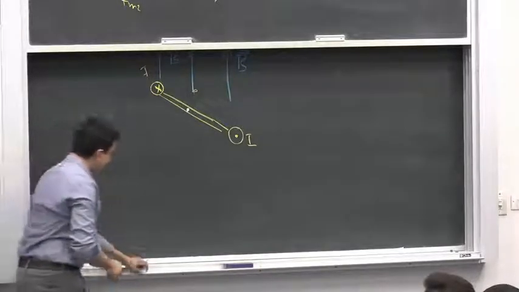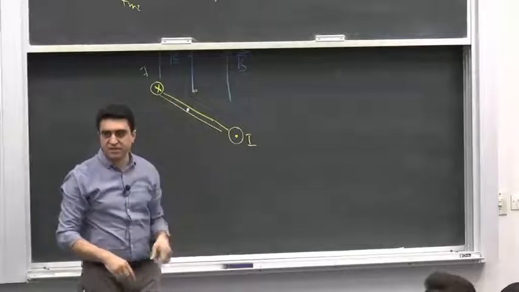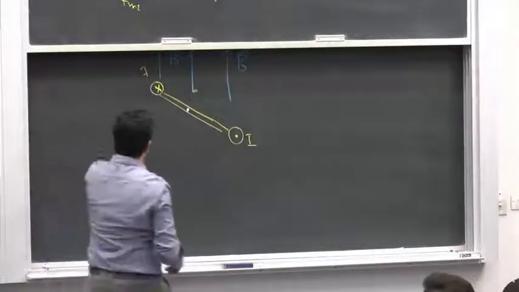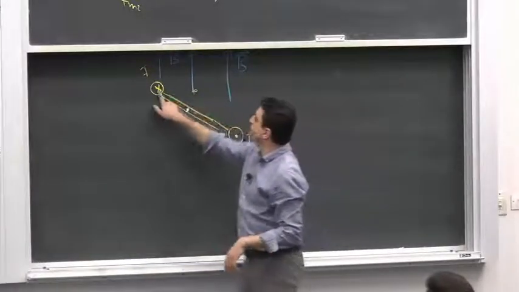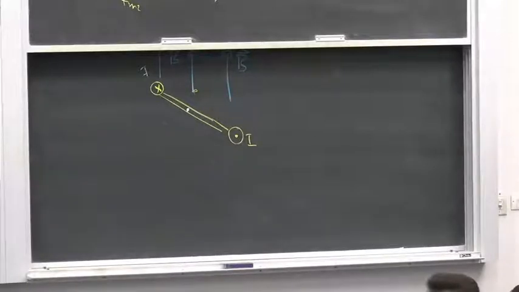So if you don't rotate it and you have a current flowing, would there be forces on this current due to that magnetic field? There would be forces. So you have this current rotating. When you start to rotate, current starts flowing.